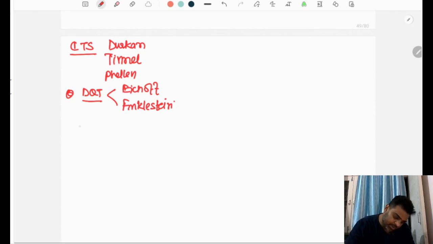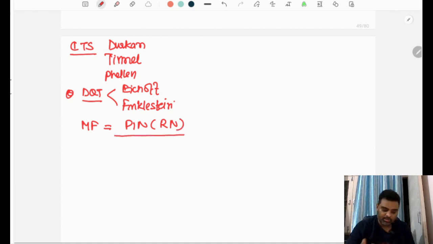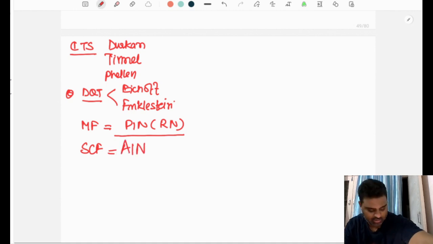Then I explained in Monteggia fracture, which is the most common nerve involved? The posterior interosseous nerve, which is a branch of the radial nerve. So there will be a problem in extension. In supracondylar fracture, the most common nerve involved is the anterior interosseous nerve.